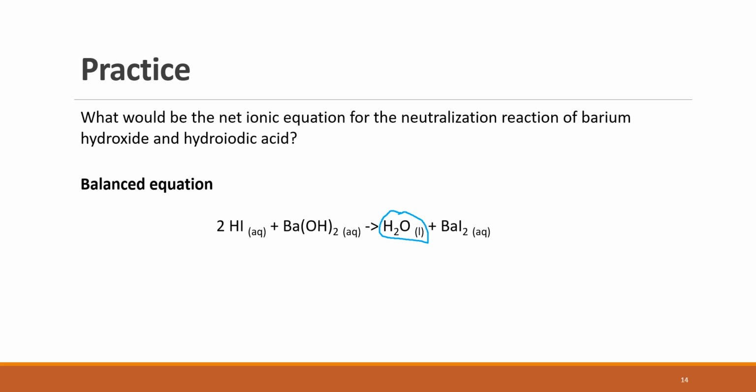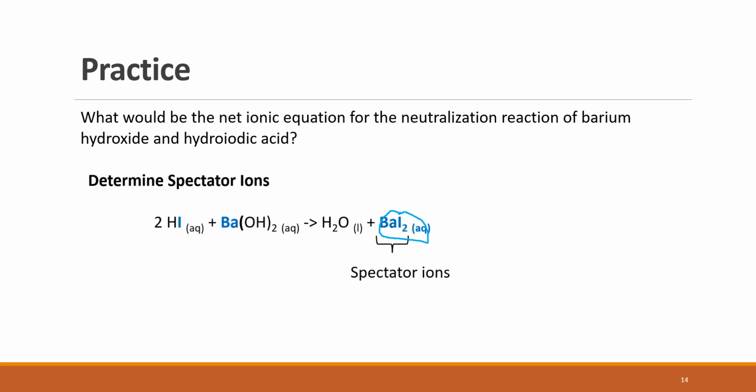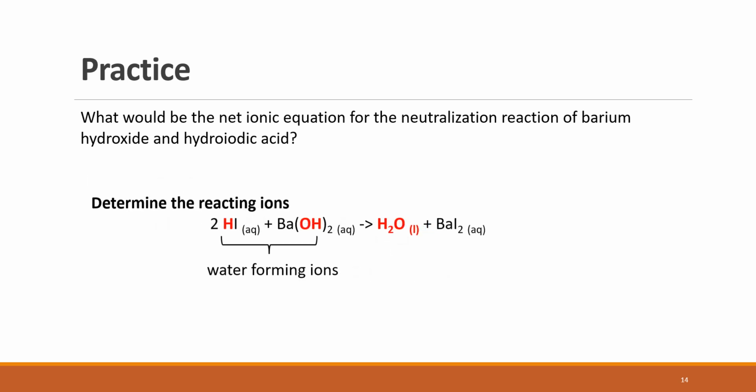Anything that is not forming water is going to be a spectator ion, meaning that barium and iodide are the spectator ions. Those are going to cancel out on both sides of the equation. The water-forming ions are going to be hydrogen and the OH. Those are the two that are going to remain in the net ionic equation.